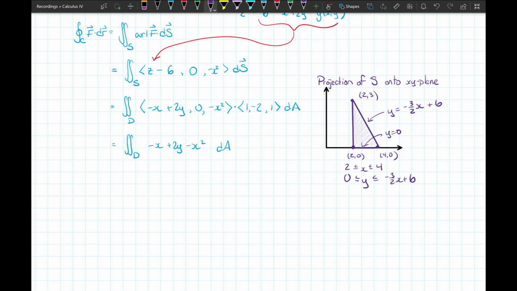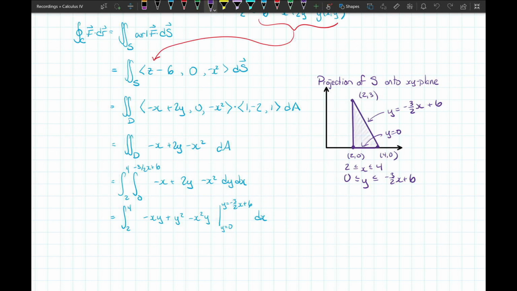At this point, we can turn this into an iterated integral. Putting those boundaries onto our double integral, we have an iterated integral dy dx, and we'll integrate with respect to y first. That gets us -xy plus y squared minus x squared y, evaluated from y equals 0 to y equals -3/2 x plus 6.